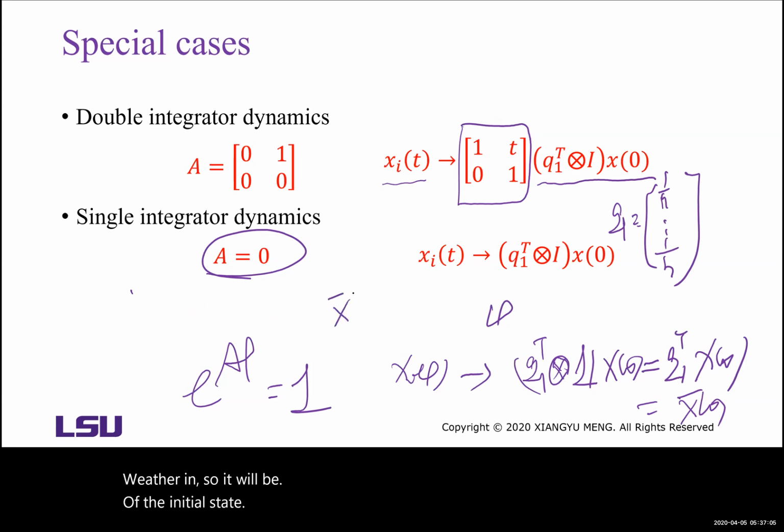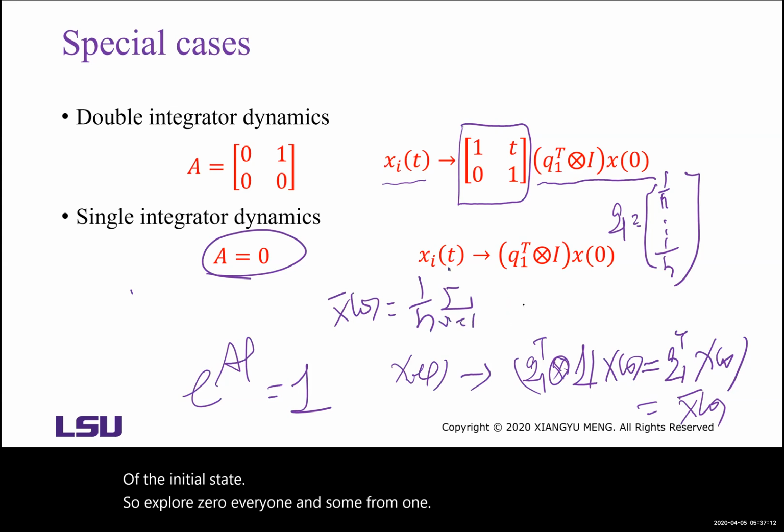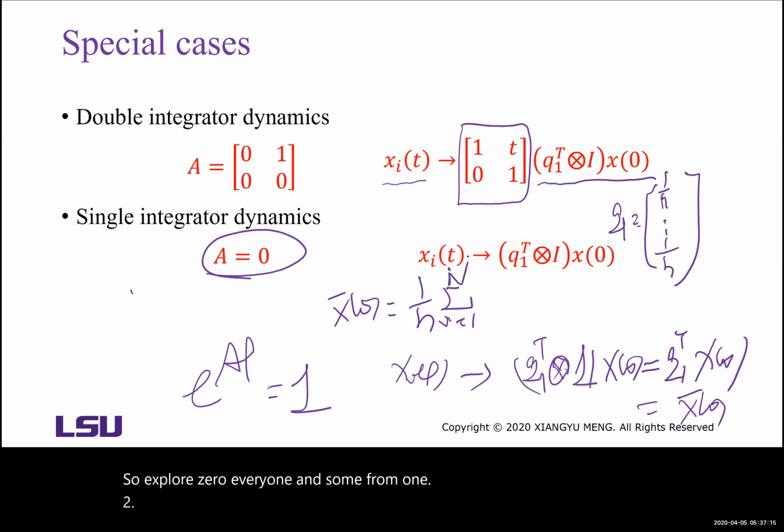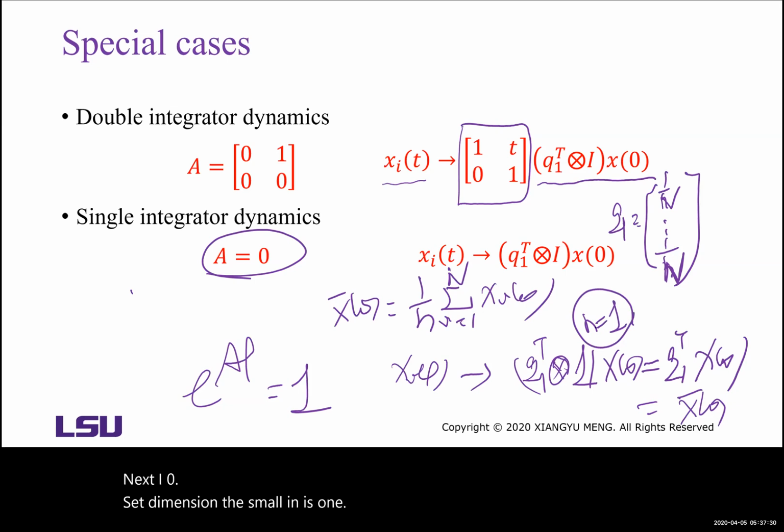So x0 bar will be 1 over n times the sum for i from 1 to n of xi(0). Here the small n is the dimension of the A matrix, which is 1, and the capital N is the number of agents.